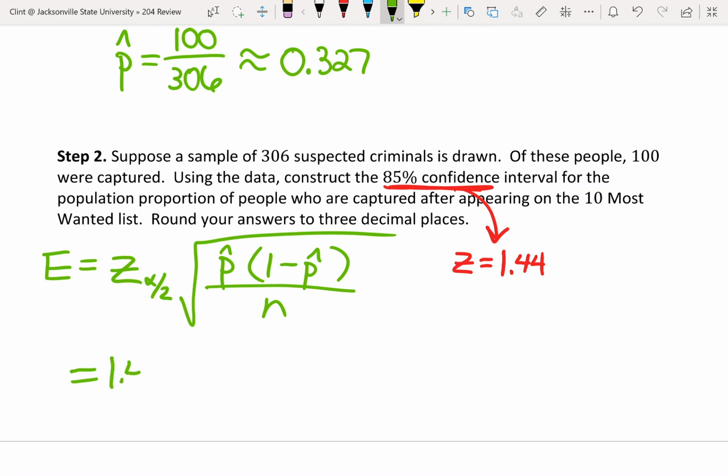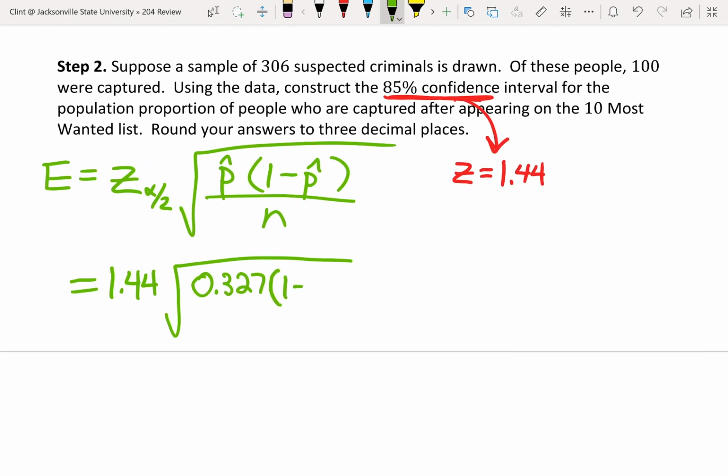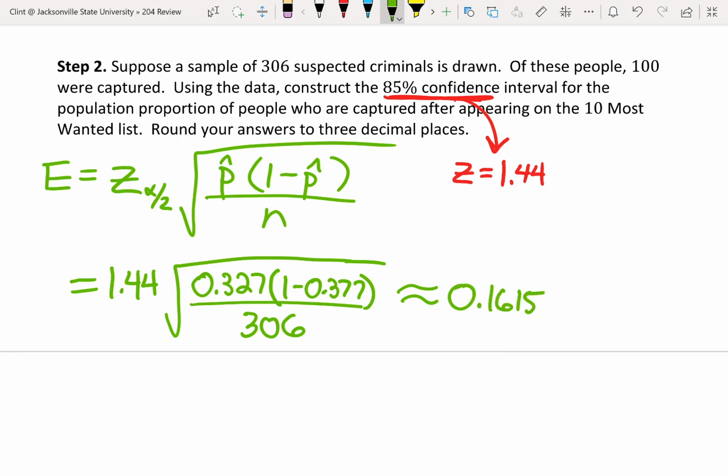So 1.44 the square root 0.327 times 1 minus 0.327 divided by our sample size, which was 306. So there I get 0.161515.